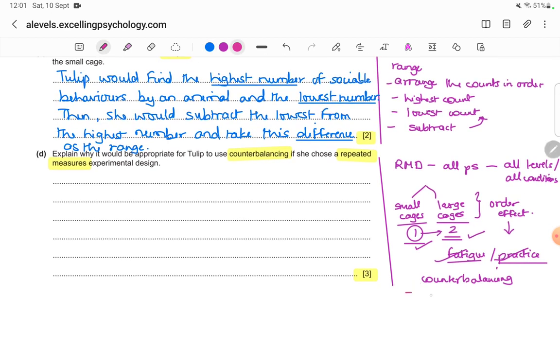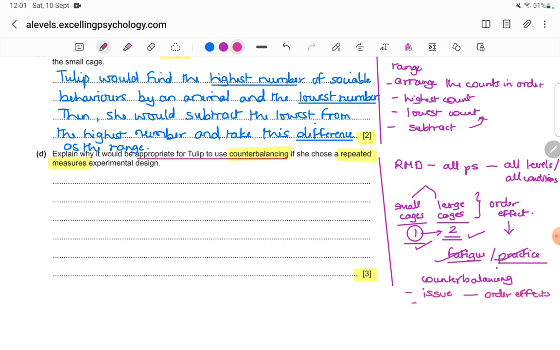Of course, first thing is to name the issue which is addressed by counterbalancing, because they've asked us why it is appropriate to use counterbalancing. So of course there must be some issue which is being addressed by counterbalancing. Let's make that explicit first. The issue is order effects. I'll recommend not becoming specific about fatigue or practice here, but you can if you want to.